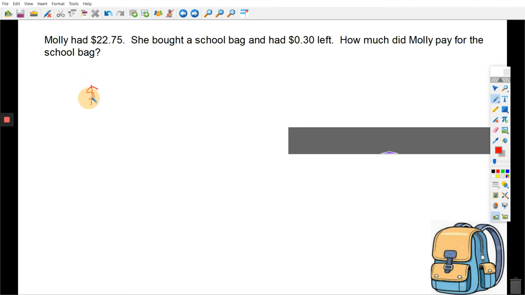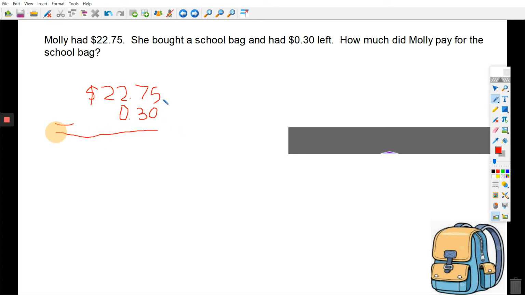So she had $22.75. To that, we subtract the 30 cents. Remember to write that 0 in the dollar part of the number, 30 cents. Even though it has the dollar sign, since there are no dollars, we say the word cents.